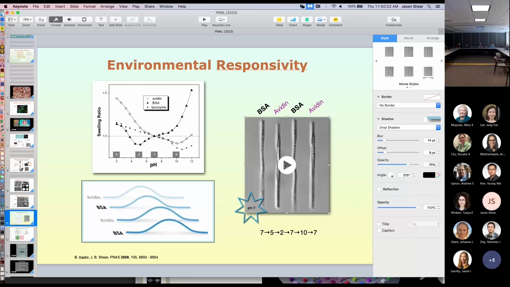So if you have a bacteria or a fungus growing inside of this structure, it might, during growth, change the pH. Do you think that changes the structure? Yeah, so the pH may change to a certain degree depending on the structure.